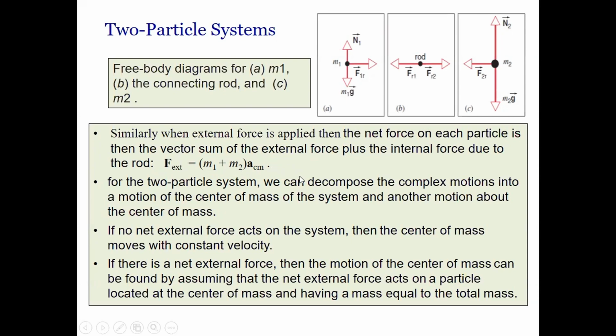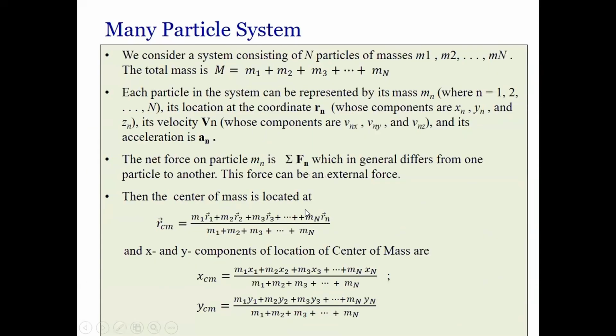So having described the two-particle system, we can extend this further to many-particle systems. Consider a system of n particles with masses m1, m2, m3, m4, up to mn. Then the total mass will be m1 plus m2 plus m3, and so on up to mn.